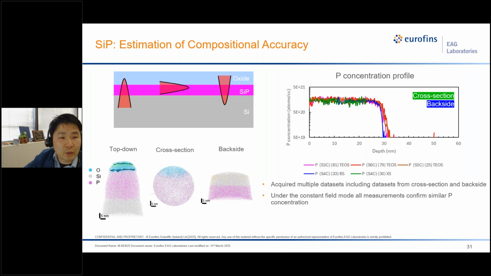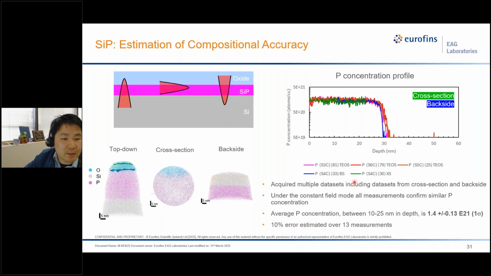We also would like to estimate the accuracy of our measurement. We measured the average composition in the plateau region in the silicon phosphide, and we estimate an average concentration of 1.4E21 with roughly plus or minus 10% variation.